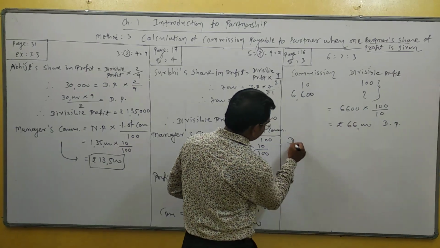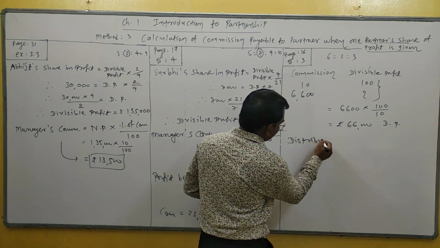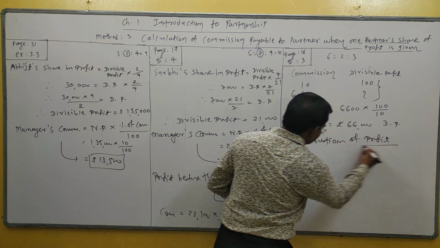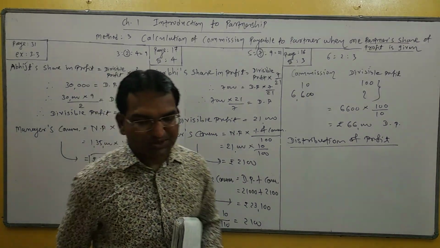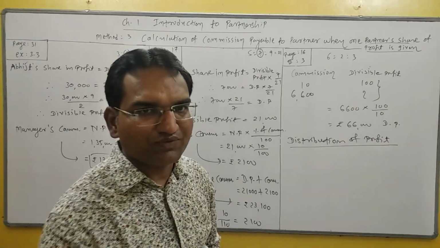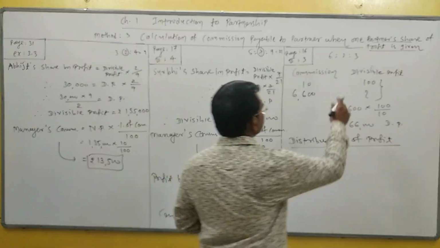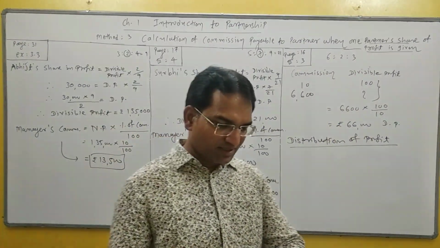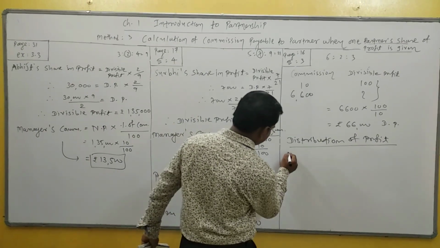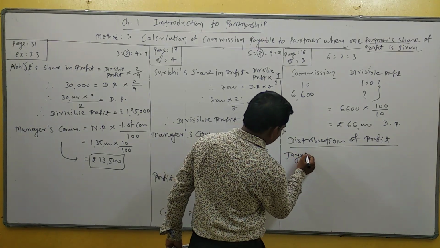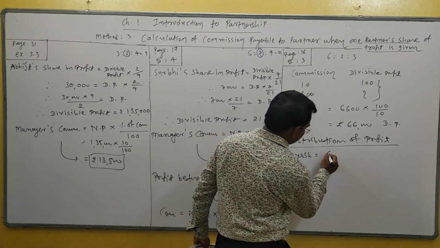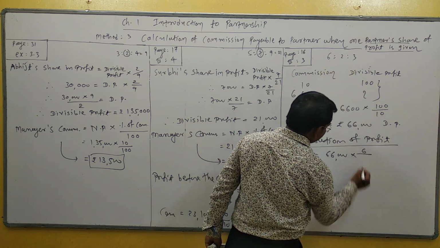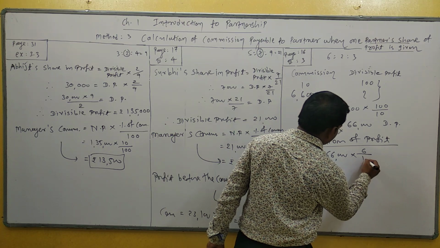Now distribution of profit. Profit is to be distributed between partners in their profit sharing ratio. What is the profit sharing ratio? 6:2:3. Who are the partners? First is Jayesh. So Jayesh's share in profit is equal to 66,000 into 6 by 11.